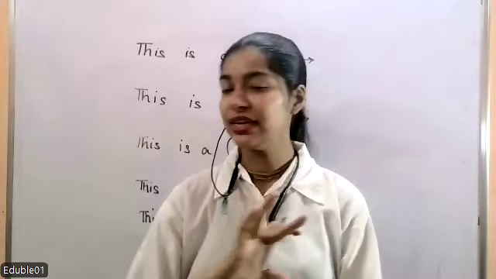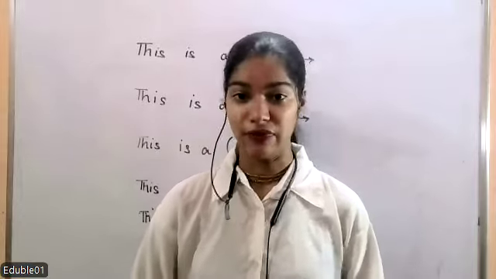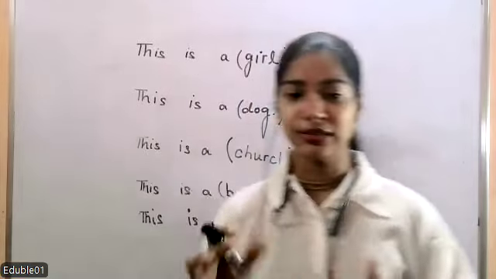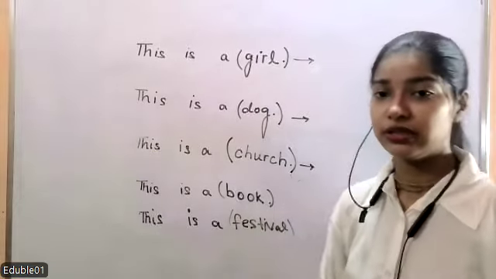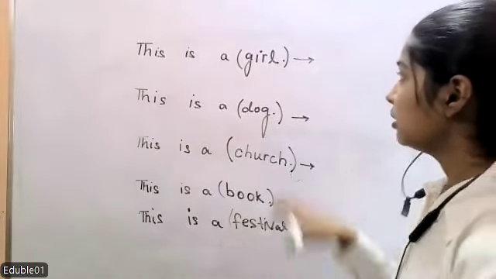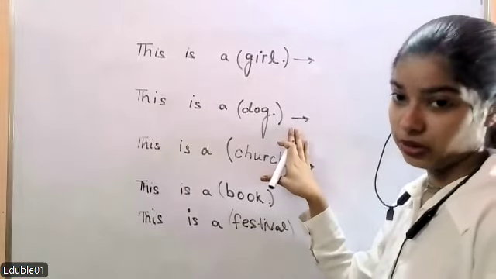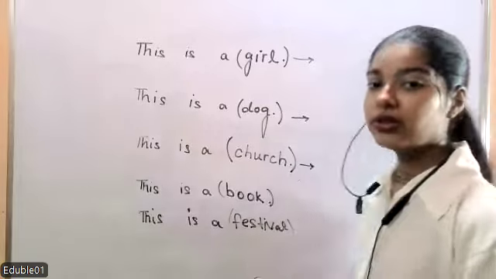I'm not talking about any specific event. I'm just saying that this is a festival. I'm not sure which festival it is. So here we have a person's name, an animal's name, a place, a thing, and an event.